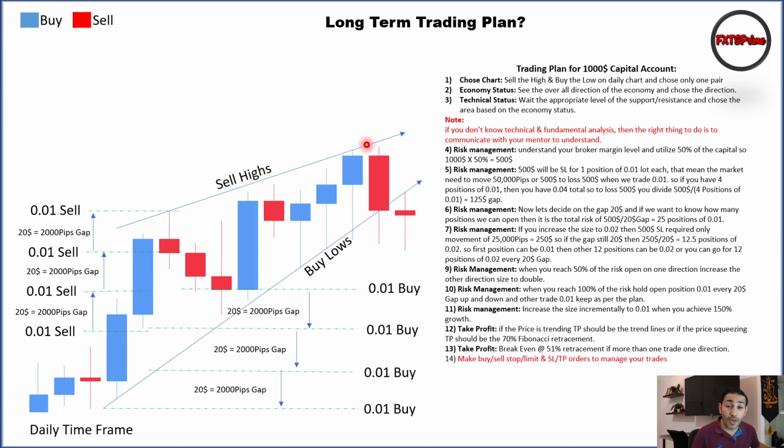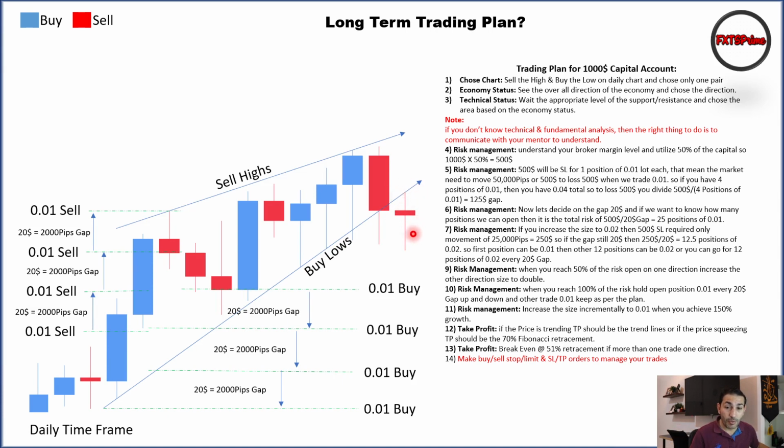Unless you have a breakout, you have to wait for the breakout until it tests this trend line. And now I'm going to sell the previous high for the daily chart. So this is now our daily chart, the previous high coming next week.